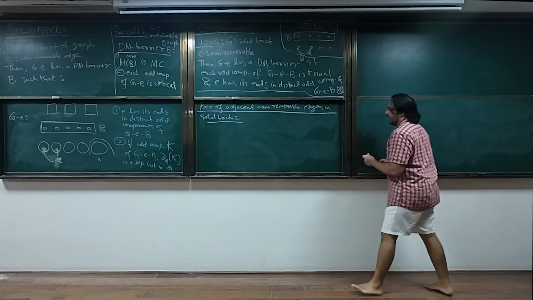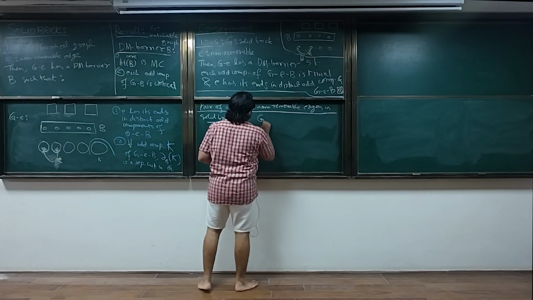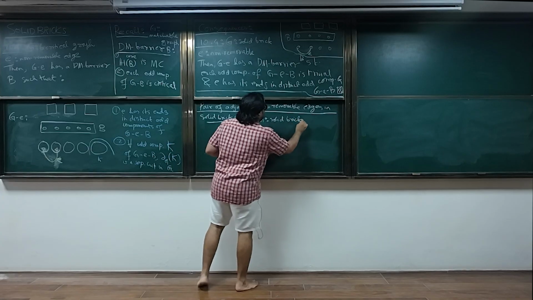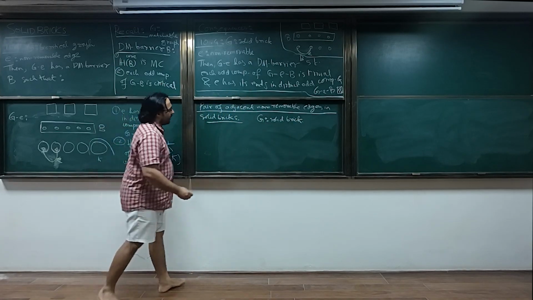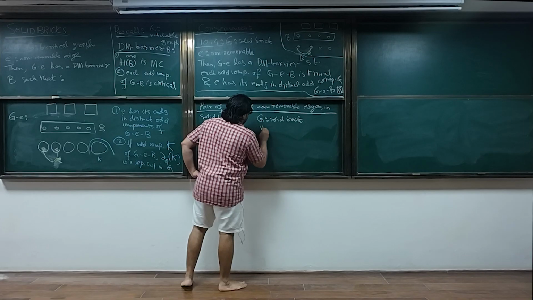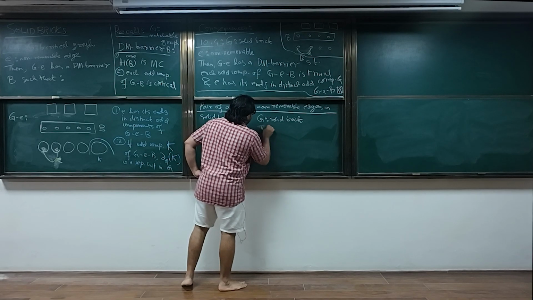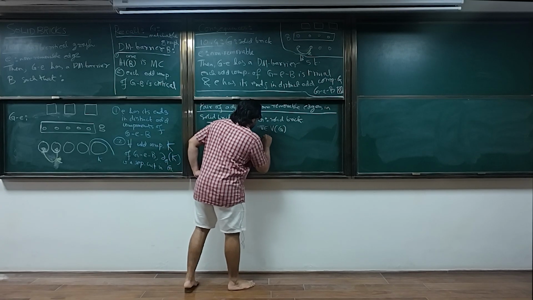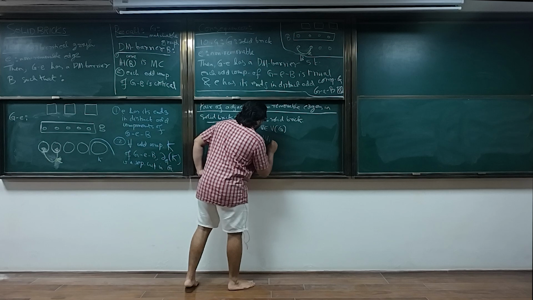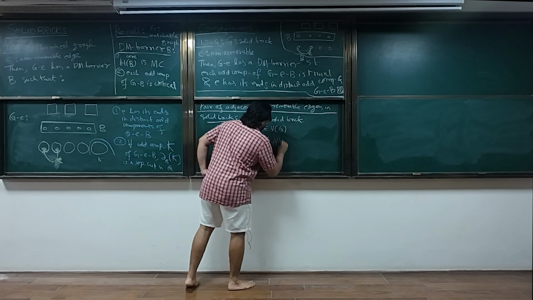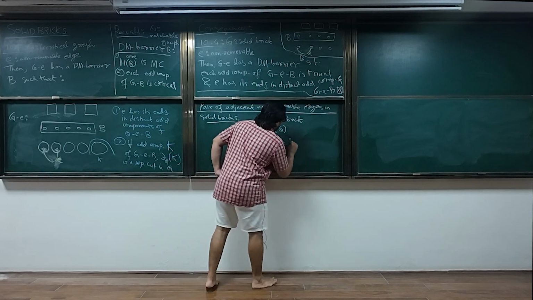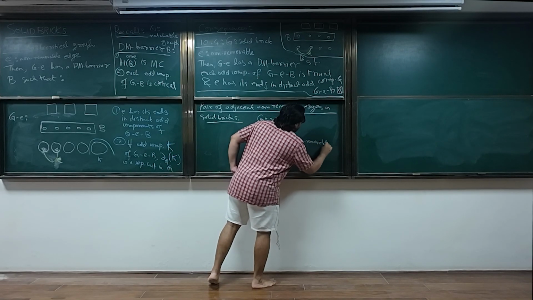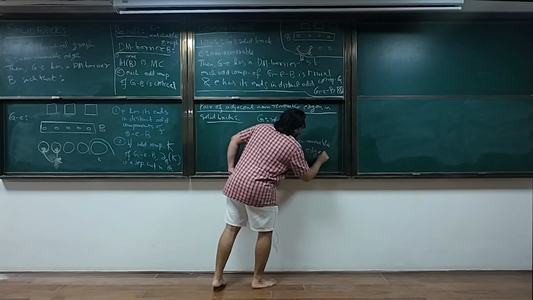Let's consider I have a solid brick G, and let's say I have some vertex V, and two of the edges incident at V are non-removable: VV1 and VV2 are both non-removable edges.